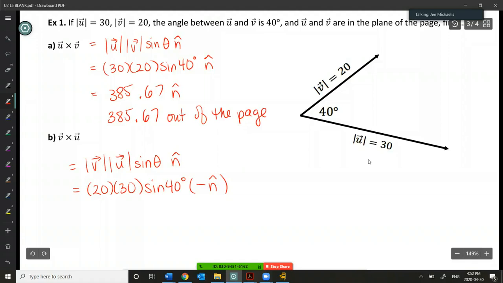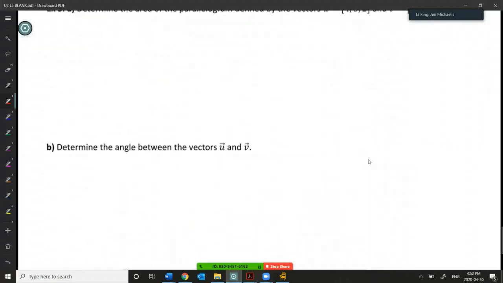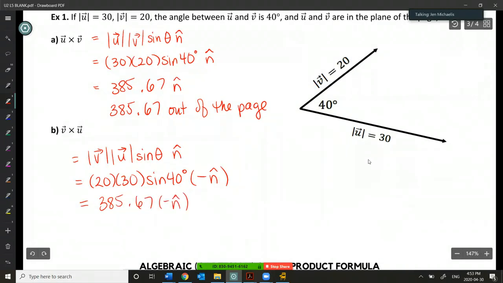So I'm actually going to say minus n hat, just to indicate that this vector is the same as the vector above, but in the opposite direction. What this actually means is we're going to get the same magnitude, that 385.67, but it's going to be in the opposite direction.